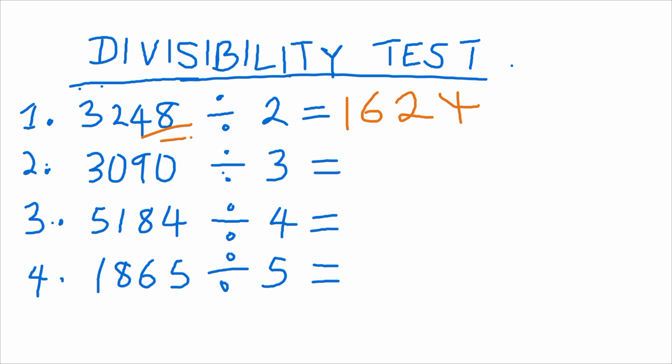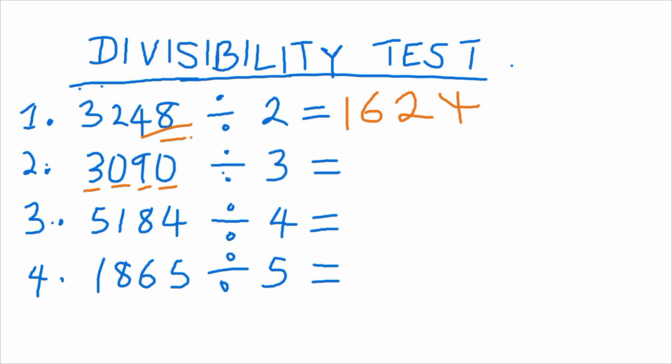Alright, the next one is, how do you know if a number is divisible by 3? What you just need to do is to add all the digits. 3 plus 0 plus 9 plus 0 will give us 12. And 12 can divide 3 without a remainder.